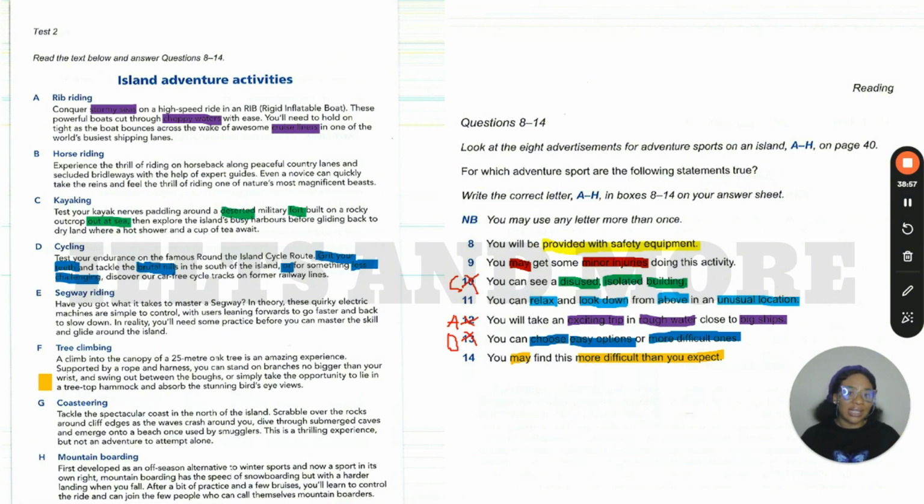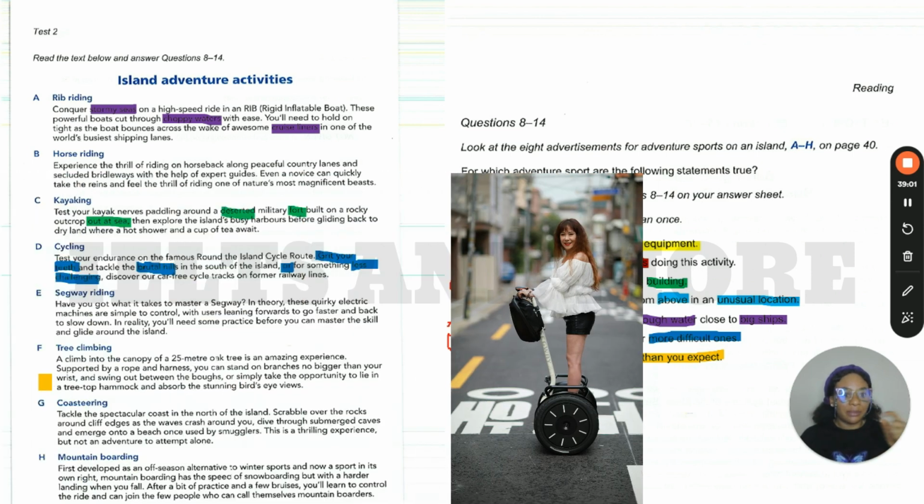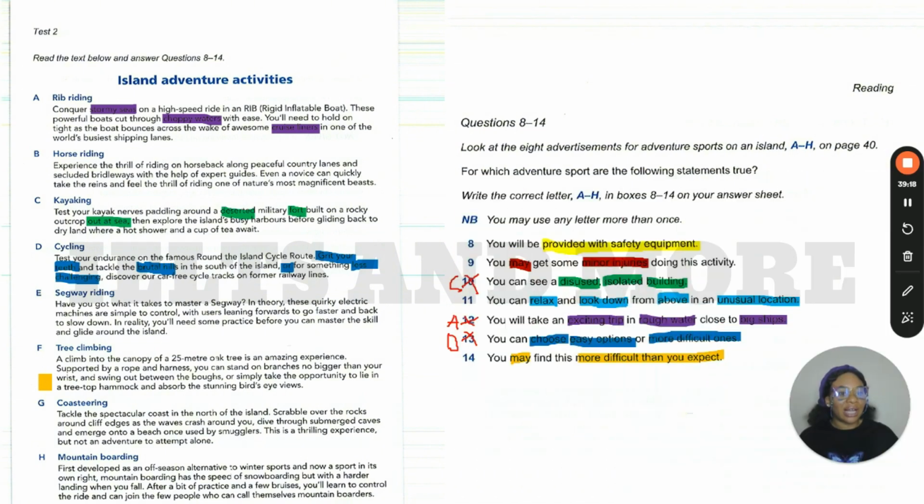So even if you don't know what a segue is, I'm going to put an image so that you can learn what it is. But let's say you're in the hall and you don't know what all those words mean. It does not matter. Don't be discouraged. Sometimes knowing helps, like for that number 12 where we figured out that the cruise liner is a large ship. I only knew that because I know what a cruise liner is.